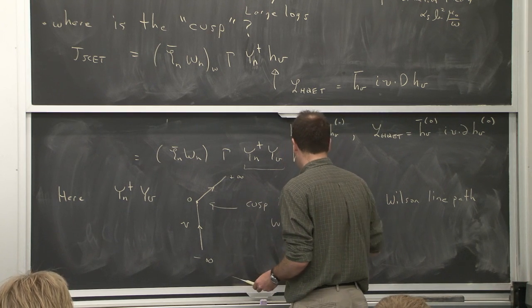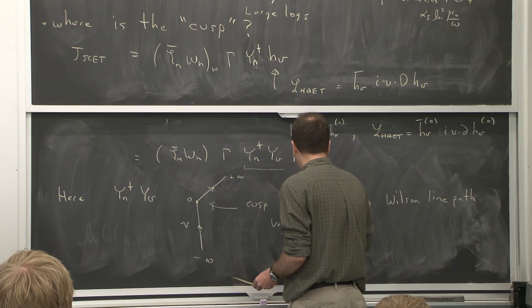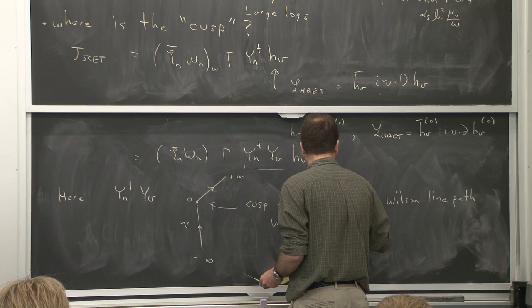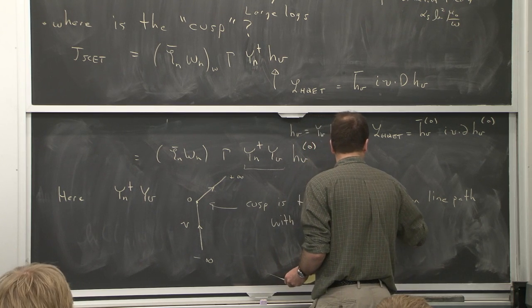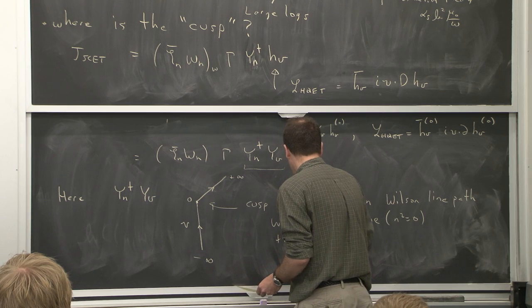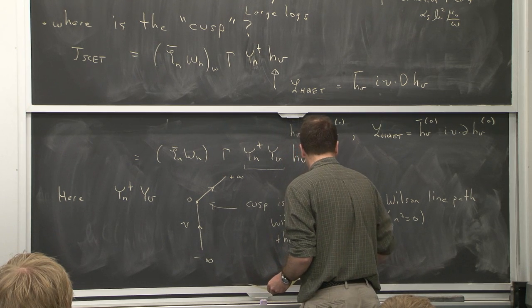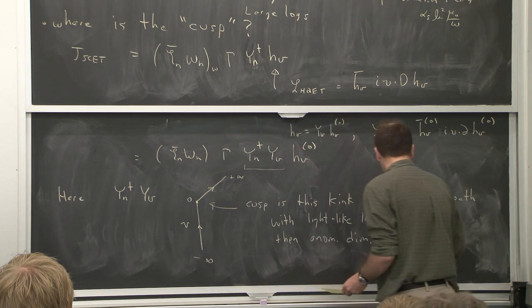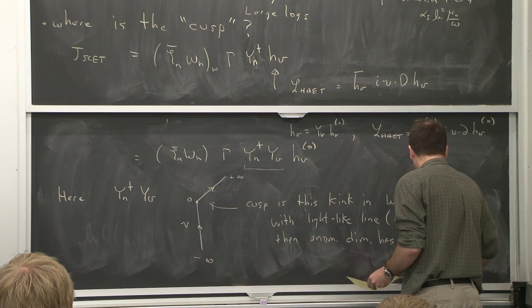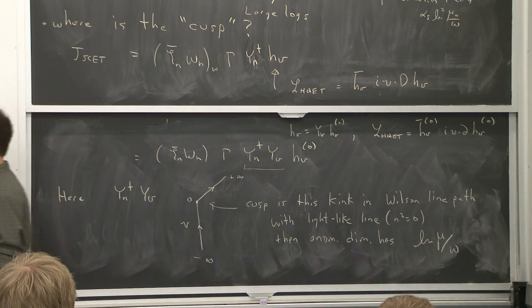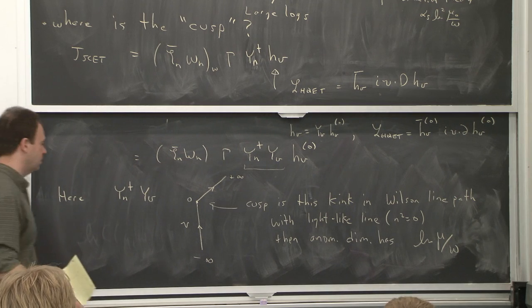So if one of the lines here is light-like, and one of them is, because n squared was 0, then the anomalous dimension for this cusp will have a single log like r log of mu over w. That actually holds not only to one loop, as we talked about, but to all orders in perturbation theory.